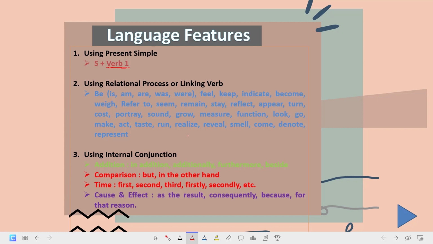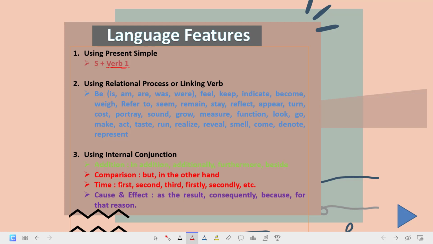And the last, we have using internal conjunction. The internal conjunction is the conjunction that is used to link the different arguments. There are four kinds of internal conjunction. The first is addition, for example, in addition, additionally, furthermore, besides.